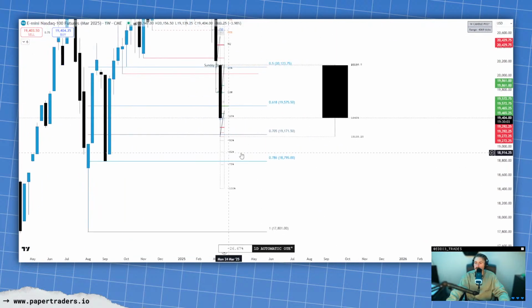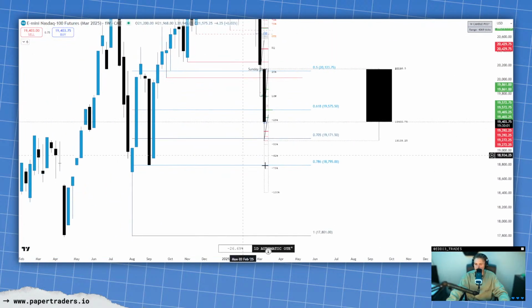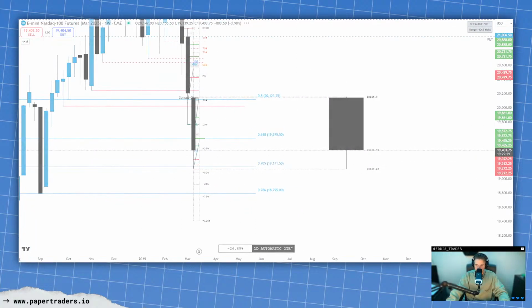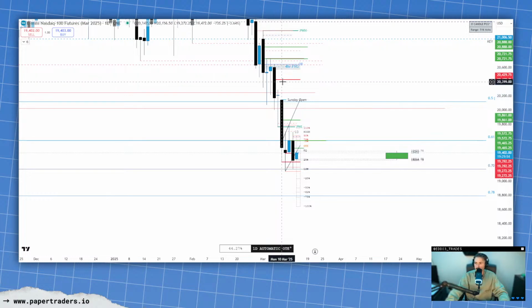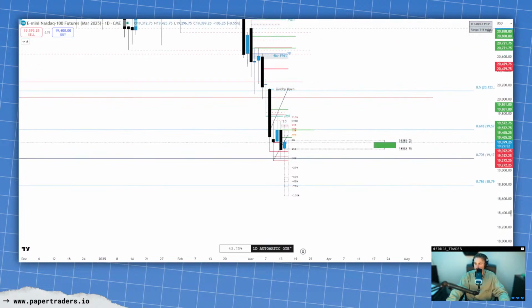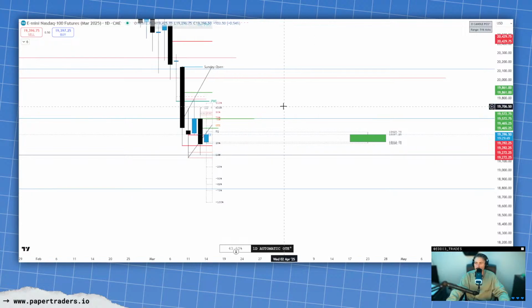But I like where the 786 lines up with this blunt, right there. Flag, 4-hour refugee. All these levels up above.